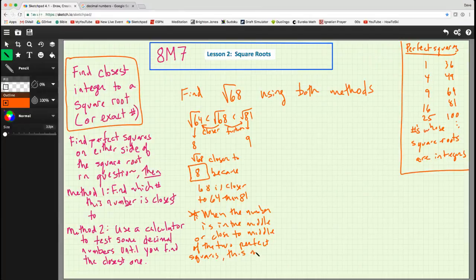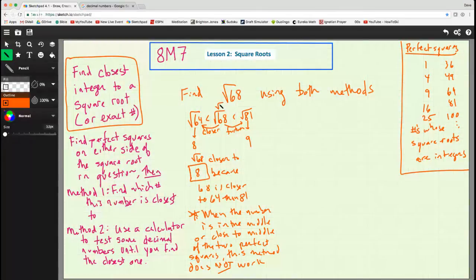this method does not work. So if this number was the square root of 72, and that's 8 away from 64 and 9 away from 81, you could not say that the square root of 72 is closer to 8.